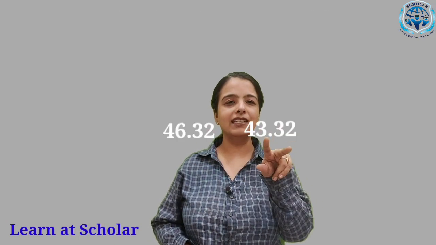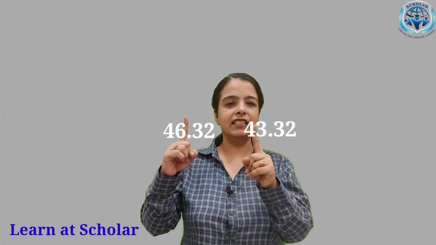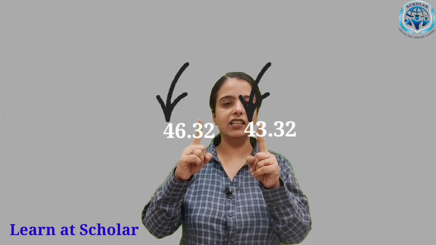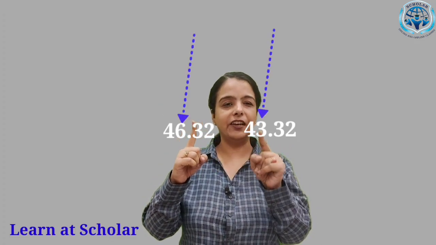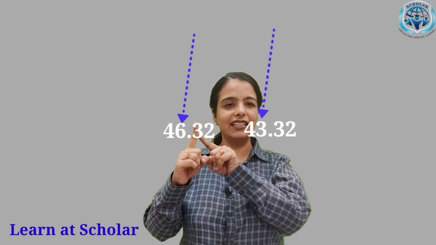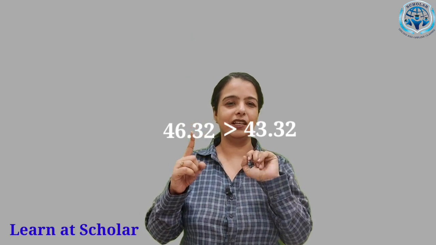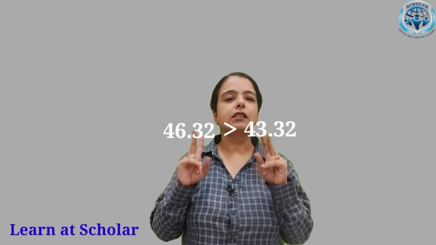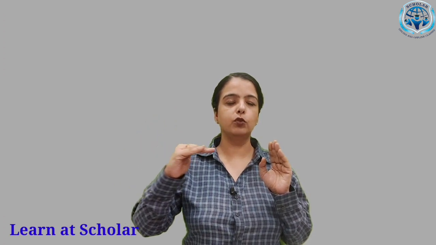In the second example, these are 2 numbers. The first digits are the same. The second digit, this digit is greater than this digit. That means this number is greater than this number. We will compare the 2 numbers with decimals, counting from the first digit on the left and moving towards the right.